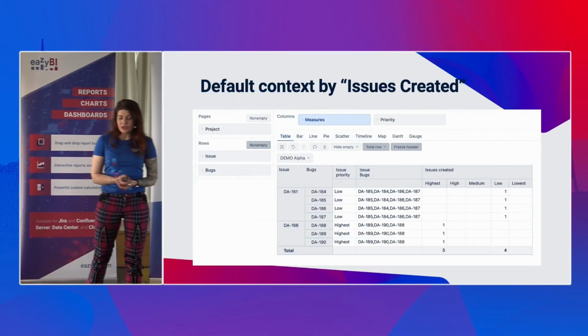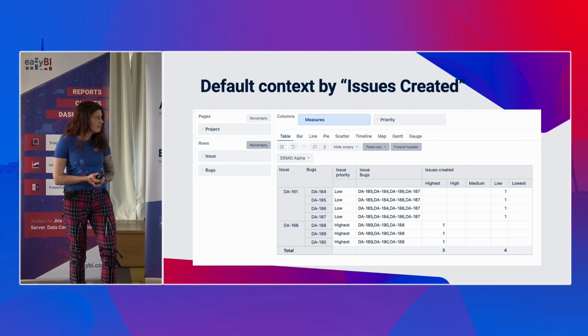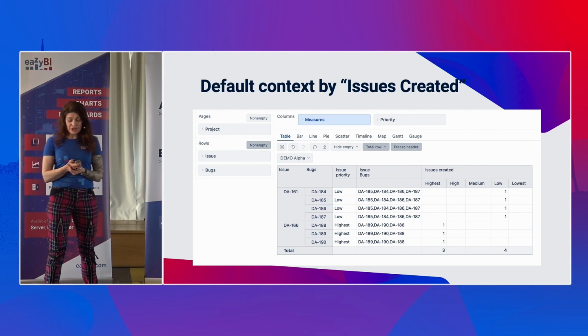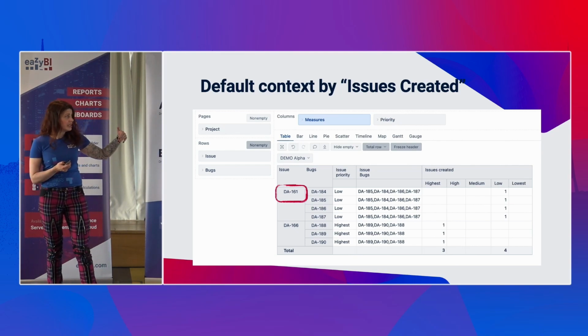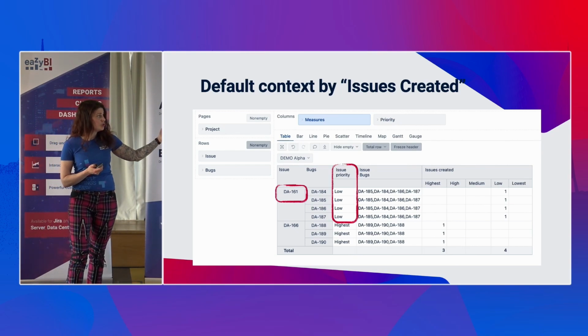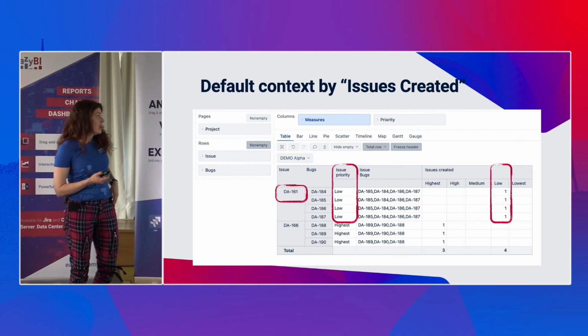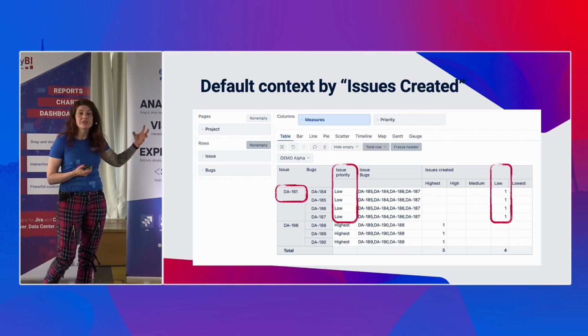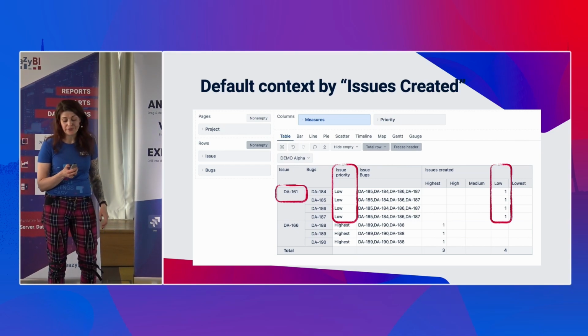In eazyBI, there's an option to import linked bugs or linked issues as a separate dimension. If we add it to the report, we can see which bugs are linked to which issues. But if we start to add this priority dimension, it would give the same result for all the linked defects because it is related to the issue.